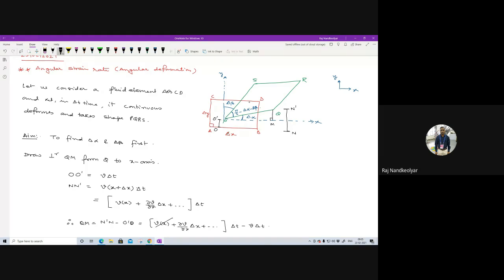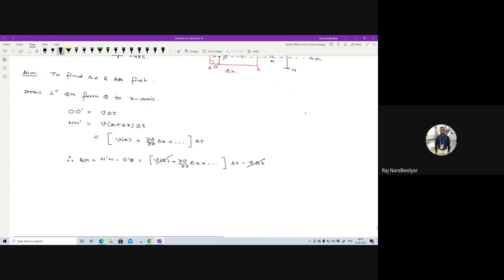So this vx and this vx will get cancelled out, and what are you left with? You are left with del v del x delta x delta t plus the small terms. Okay, so qm has come out.